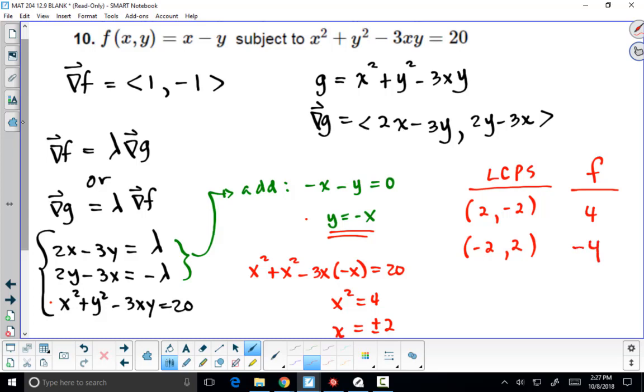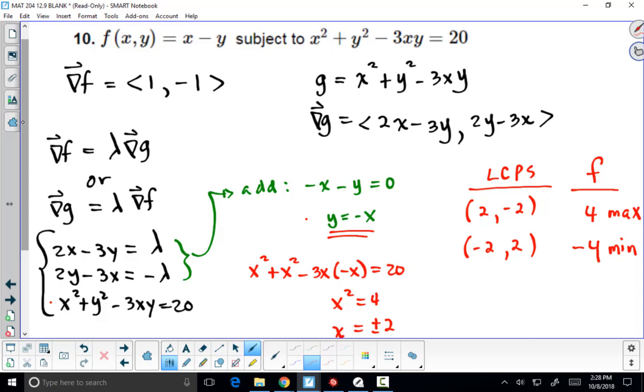So this is our Lagrange max, our constrained max, and there's our constrained min. These are not absolute, because absolute is for the function itself, for the surface itself. So this is subject to this curve in the xy plane. So we have some circle or ellipse in the xy plane, and then we've got this tilted plane up there, and we're dealing with the high point and a low point of that tilted ellipse on that plane. So they don't call it an absolute, they call it a constrained max or a constrained min.